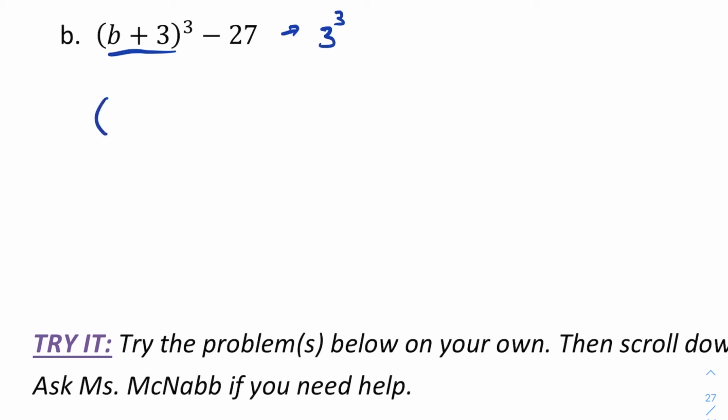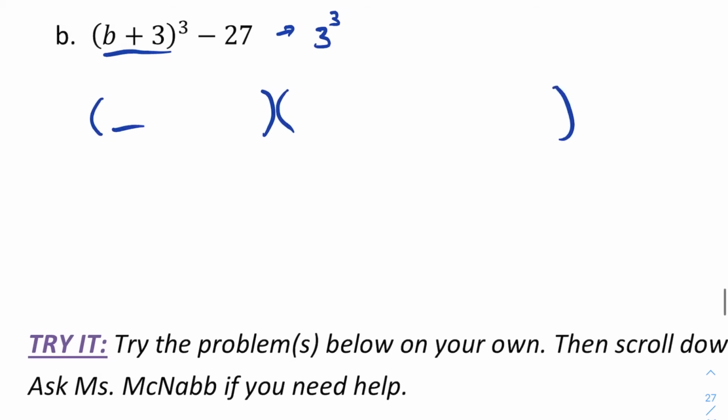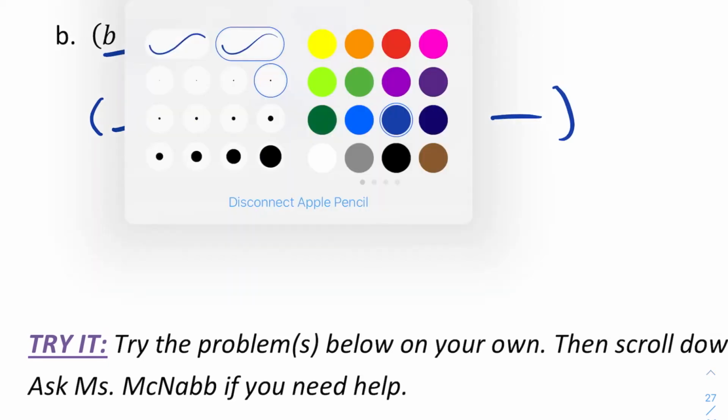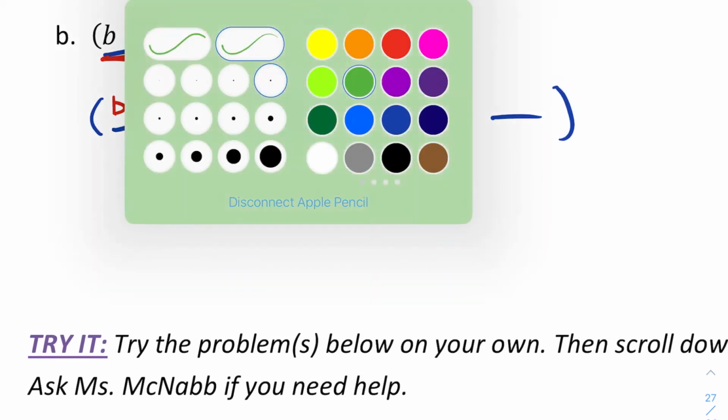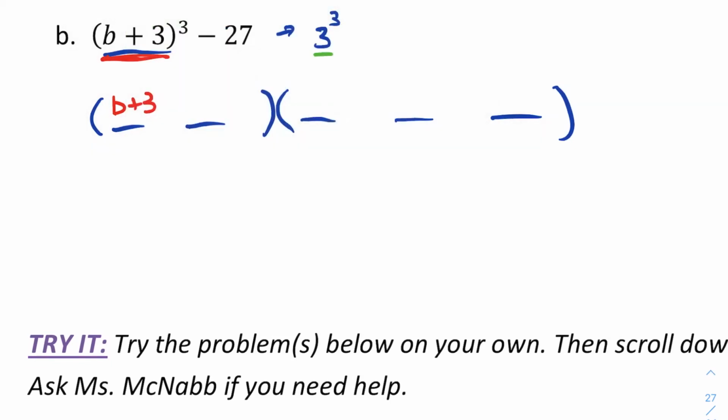So my first thing that is being cubed is b plus 3. My second thing that is being cubed is 3. So I'll have b plus 3 and 3.